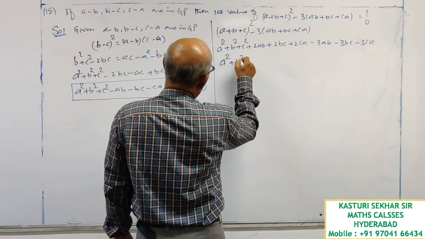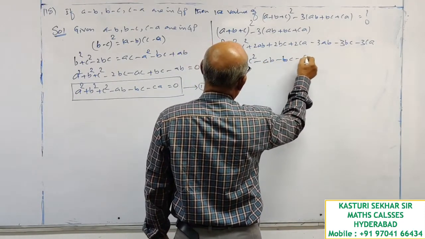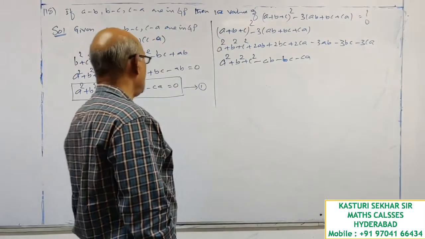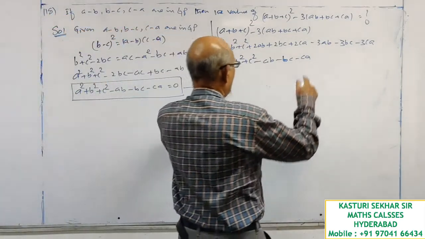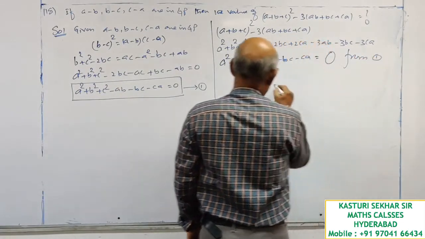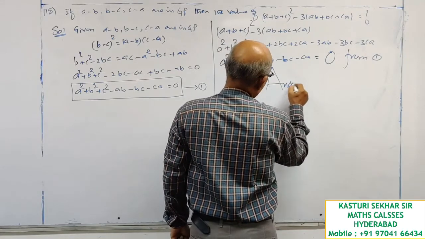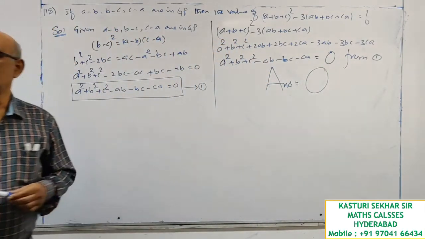So you will get a square plus b square plus c square minus ab minus bc minus ca. This is 0 from relation number 1. So the answer is equal to 0.